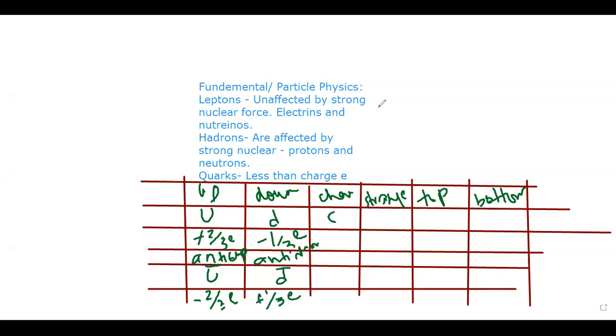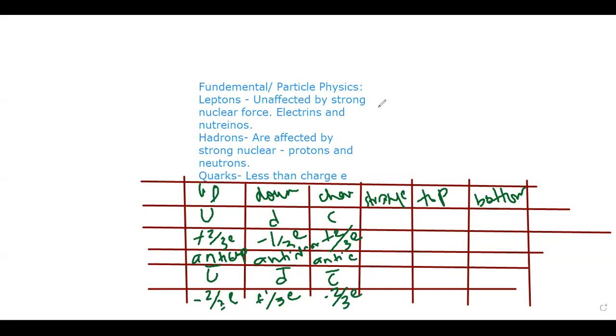The symbol for charm is C. The charge is the same as up, plus 2 upon 3 E. The anti-quark is anti-charm, the symbol is C dash, and it has a charge of minus 2 upon 3 E.